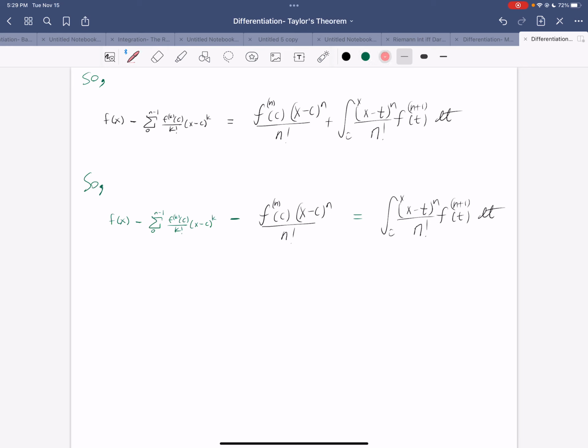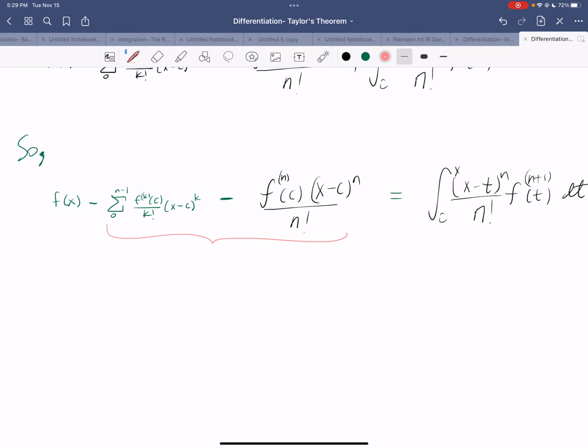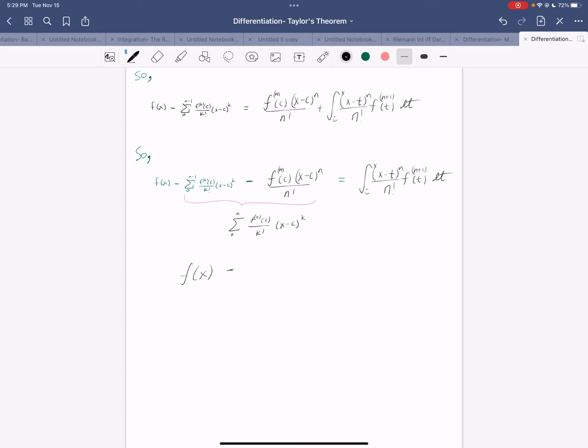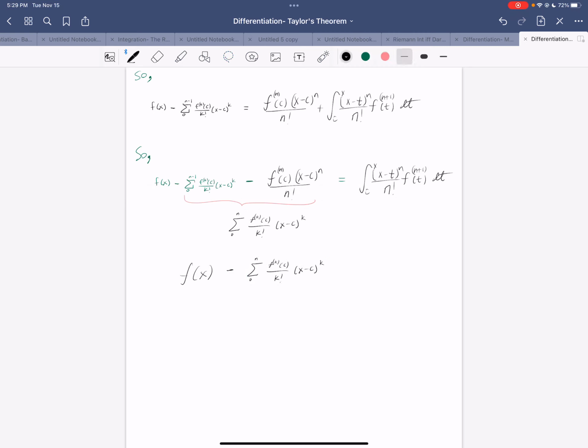And now I can rewrite this as the sum from 0 to n of the kth derivative at c over k factorial, (x minus c)^k. So f of x minus this is equal to this.